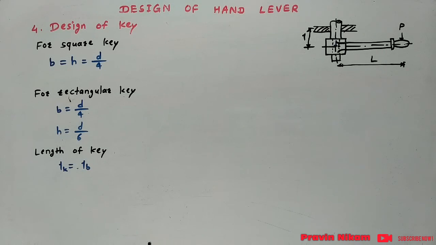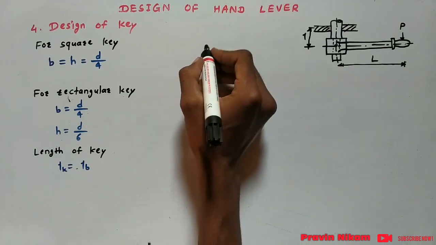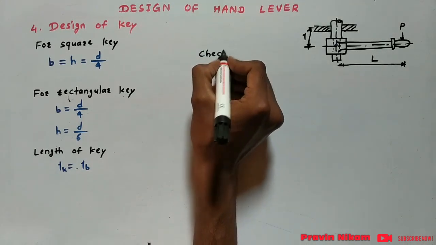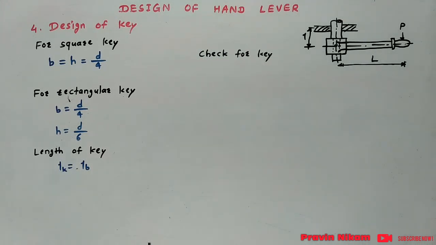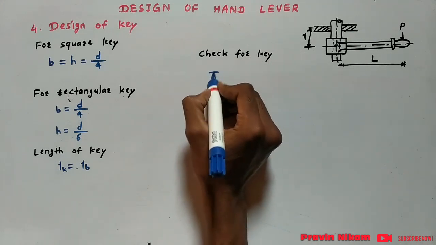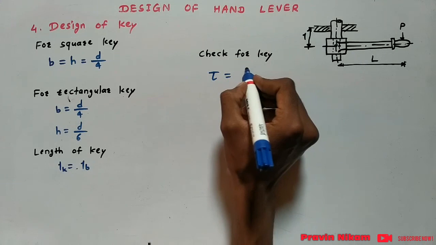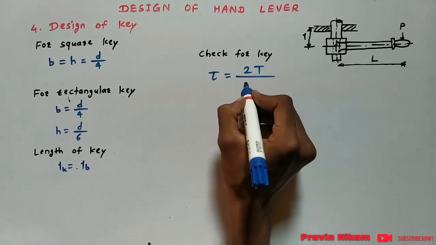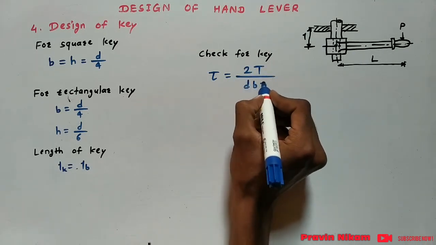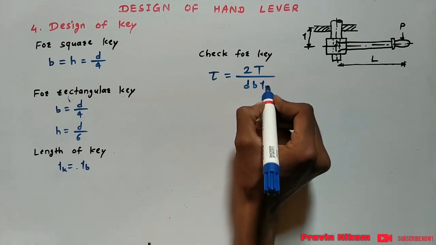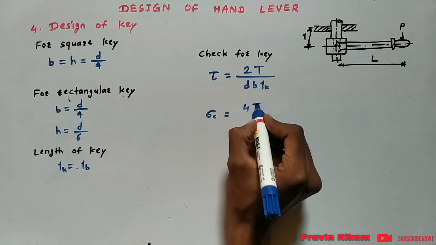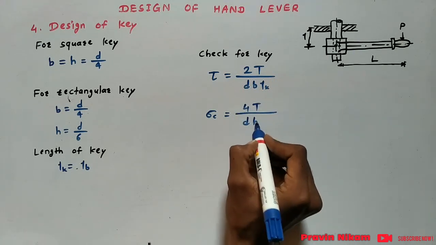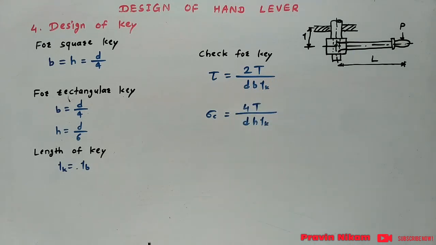Now check for key. Check whether the design is safe or not. For checking purpose, there are two relations: torsional shear stress tau is equal to 2T divided by dB LK, and sigma C is equal to 4T divided by D H LK.